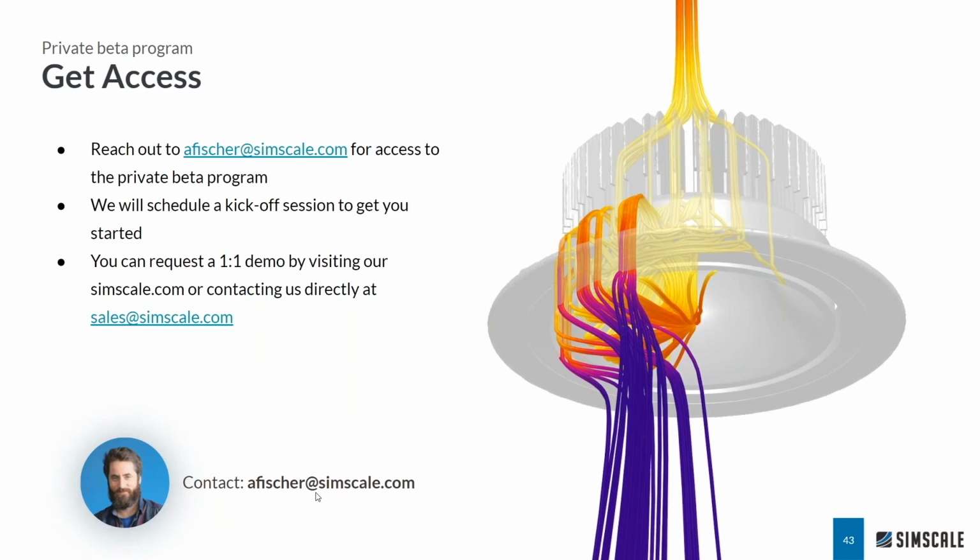We will schedule a kickoff session with every tester. So first to give insights on it, but also to understand what problem the tester is trying to solve, right? And be from that point on in close contact with you to really make sure we get the feedback out of these testing sessions and testing periods. So that's how we will approach it.